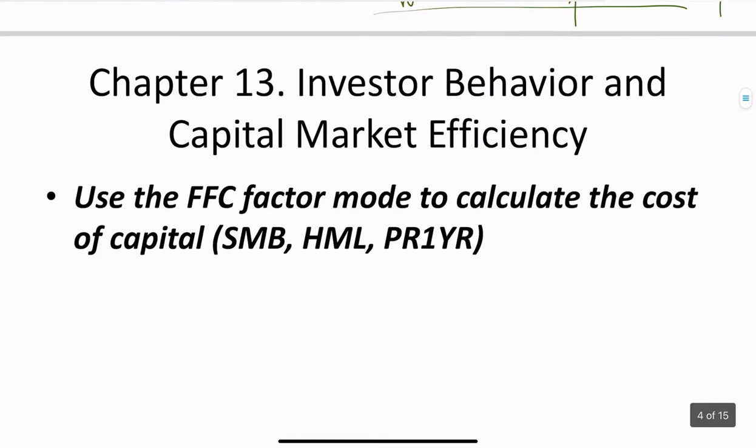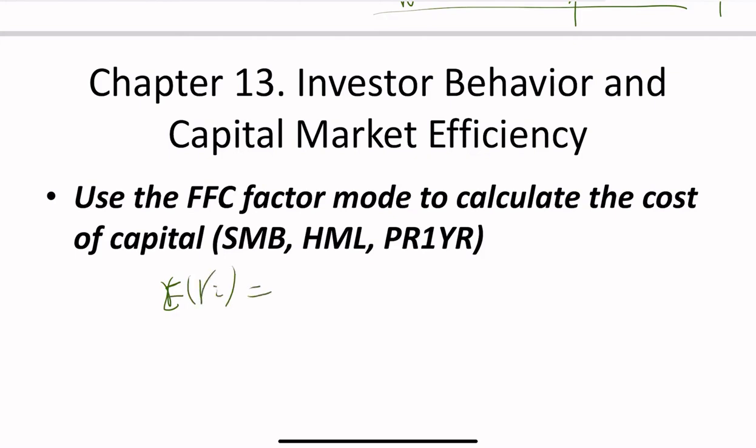And then we move to chapter 13, and if you read the textbook, chapter 13 is quite long, much longer compared with our lecture note. So essentially, the lecture note only focuses on the FFC four-factor model. For this chapter, you need to understand how to use this factor model to calculate the cost of capital.